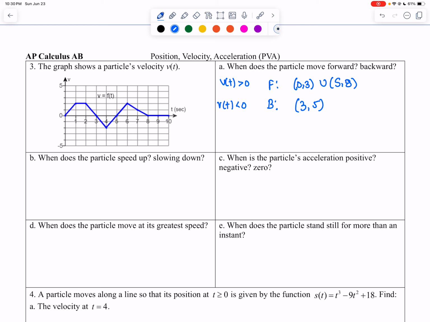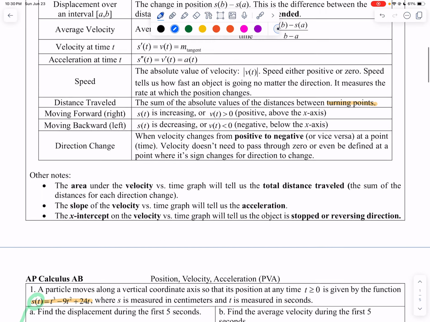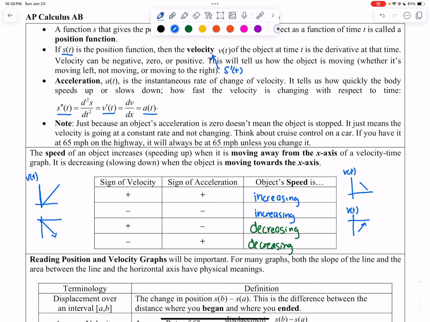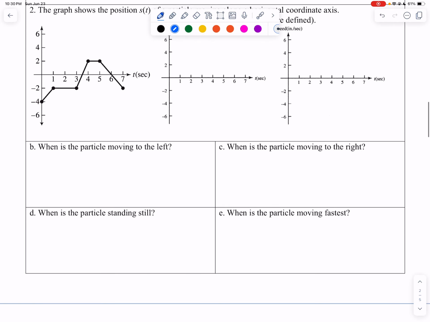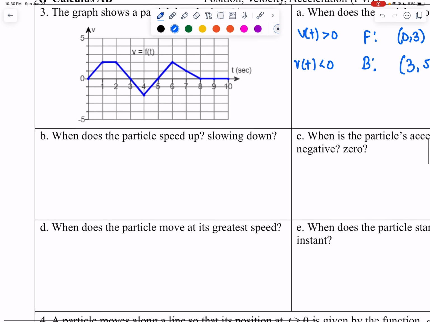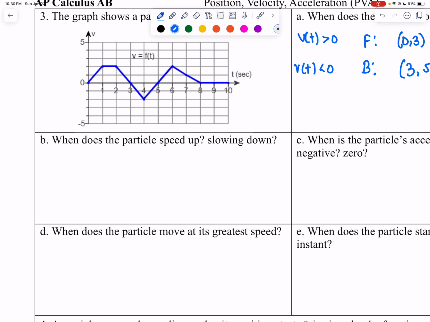All right, part B, when does the particle speed up and when does it slow down? Just like the graphs that I showed you, we know that if my graph is moving away from the x-axis, then I am speeding up. And if I am moving towards the x-axis, then I'm slowing down, based off of my velocity and acceleration having the same signs or different signs.